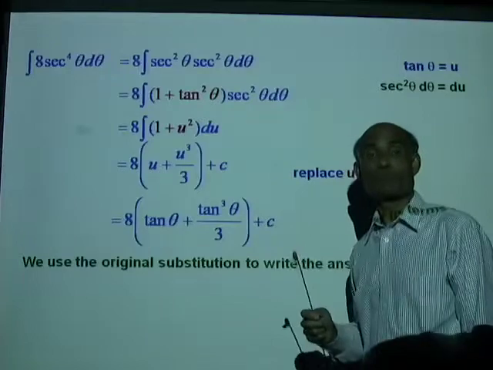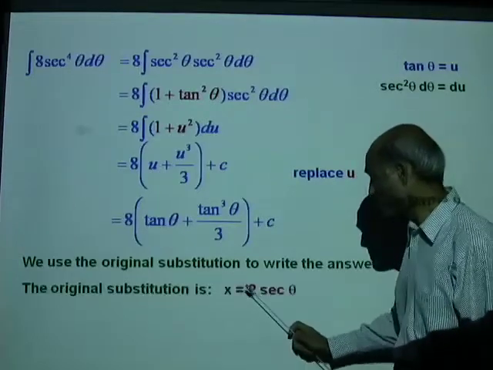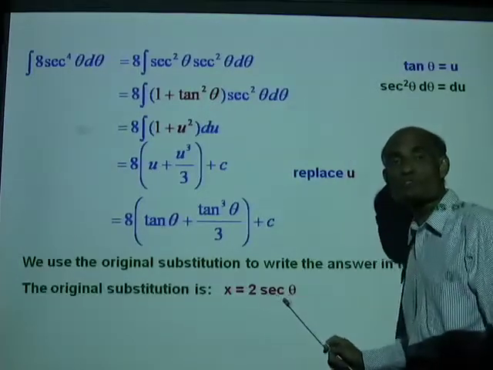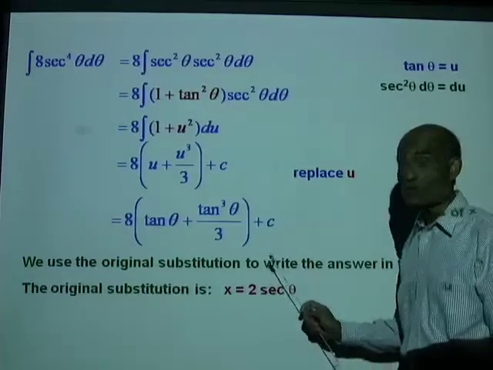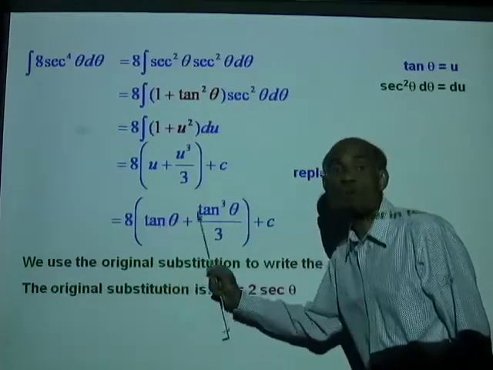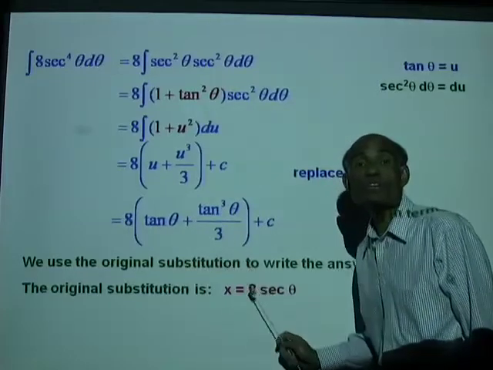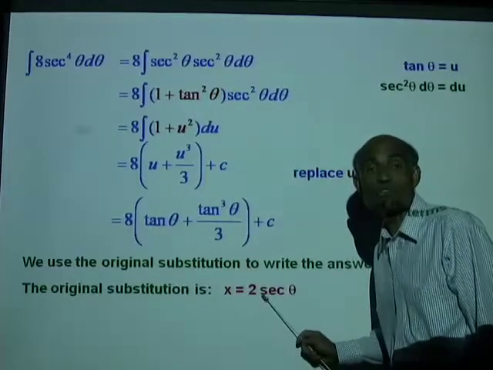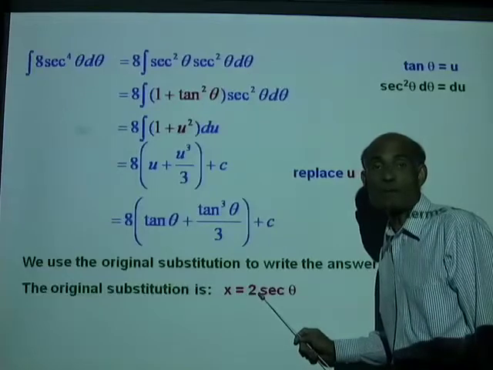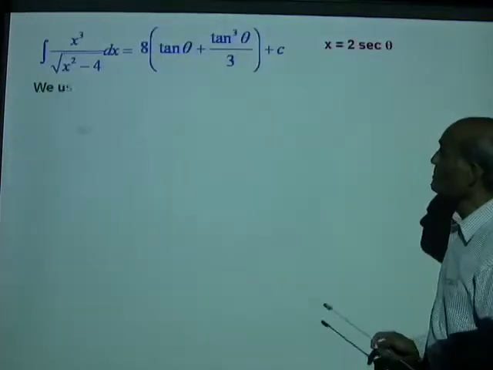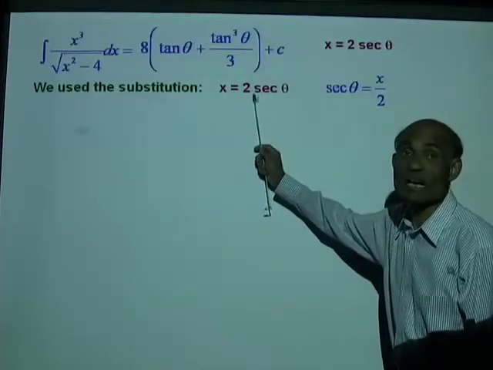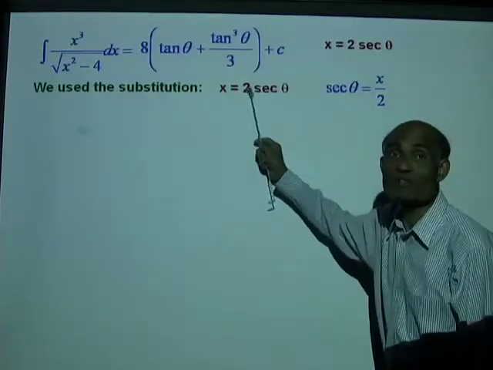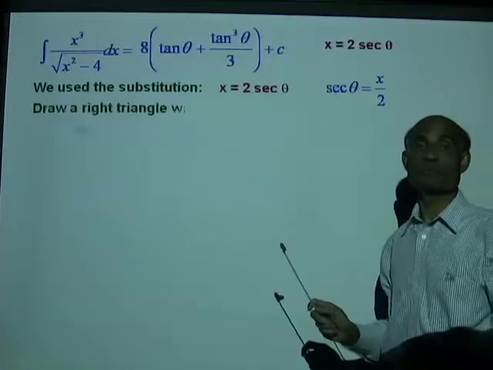Now, in order to figure out what these quantities are, we need to draw a triangle using this. What kind of triangle? Well, we draw a triangle such that secant theta equal to x divided by 2.